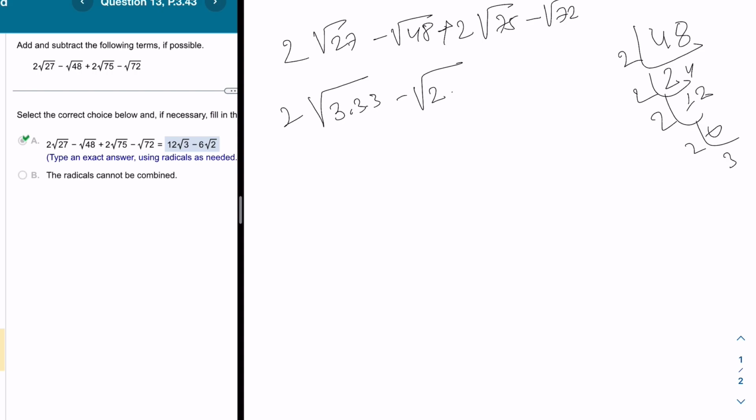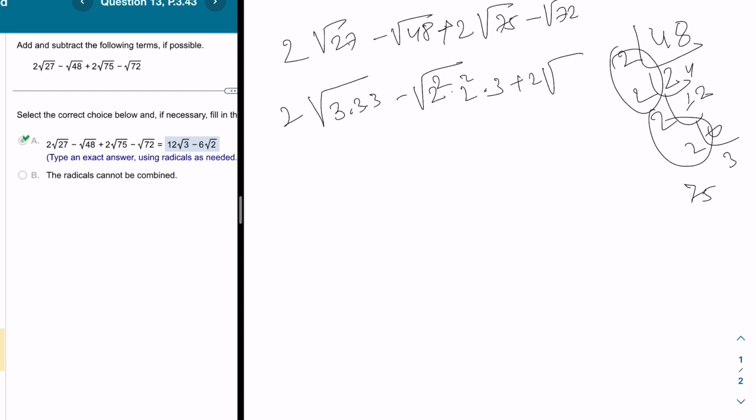If you don't have a calculator, only then do it like this. We can write 2 squared, again 2 squared, and then 3, right? After that 2 root 75.